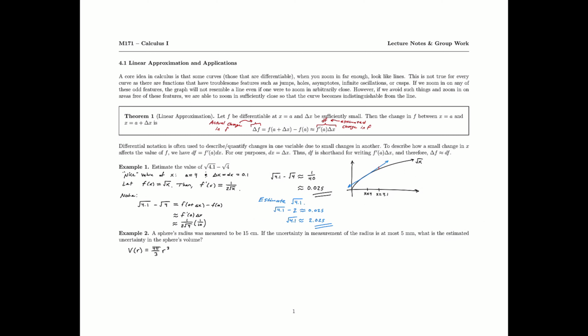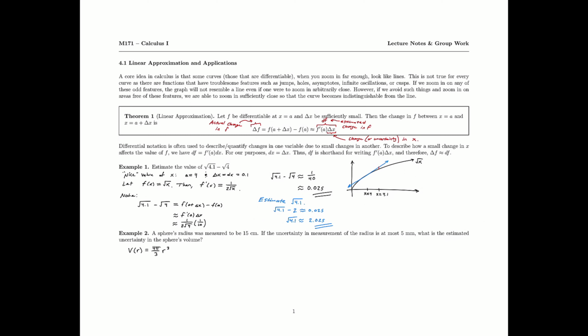And this right here is our change, let's just call this our change or uncertainty in x.